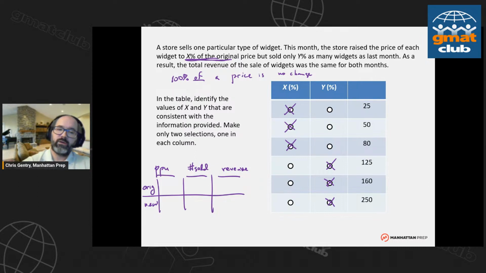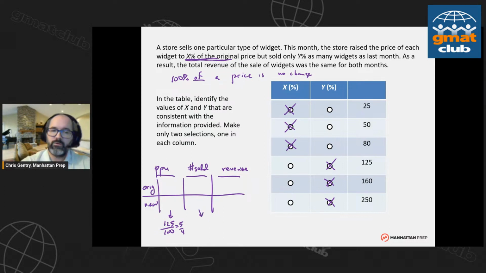Or we can recognize that if I start working with X and I go with a price per unit change of 125 over 100, which is the same thing as 5 over 4, just testing out that first number choice there.